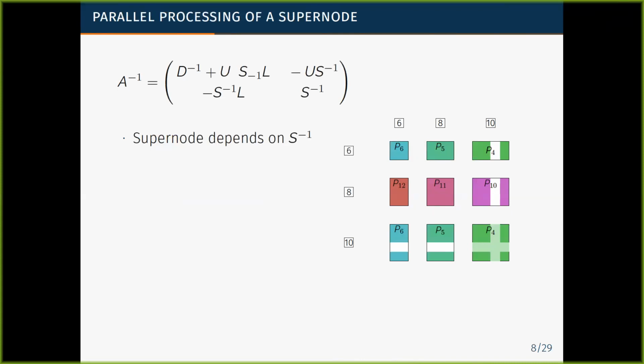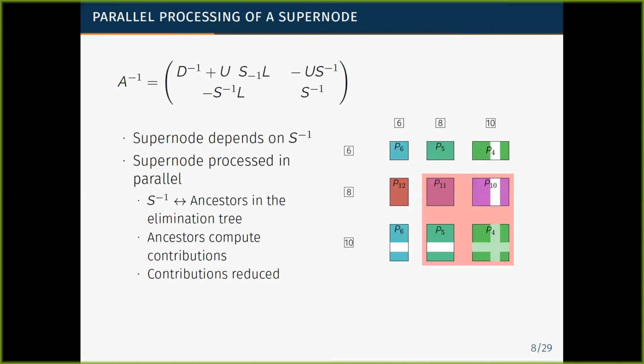In this example, that means supernode 6 requires the values of supernodes 8 and 10 to have been computed before. We refer to these values as S inverse, as shown in this equation here, and in this red area on the figure. These entries correspond to the ancestors in the elimination tree.